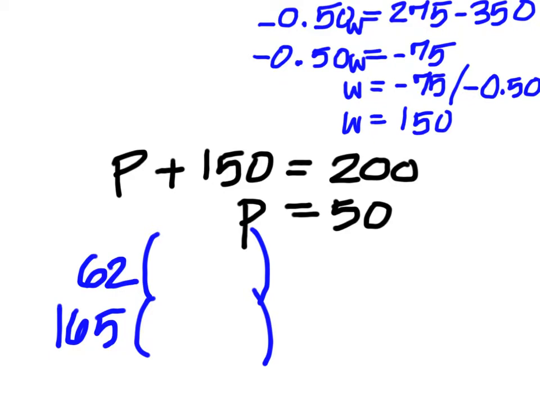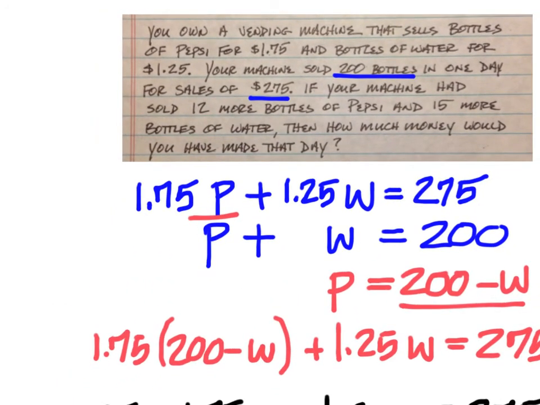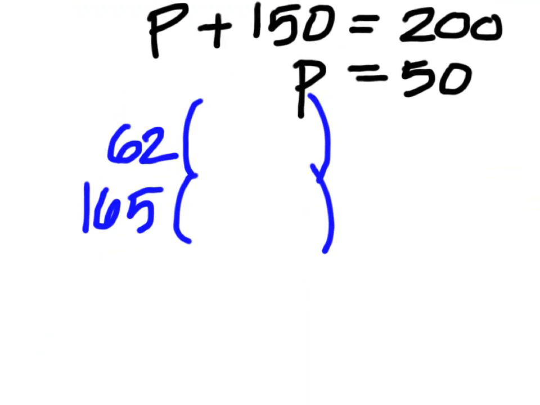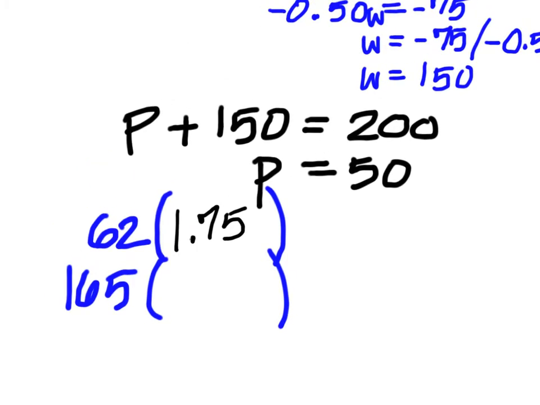What was the price of a bottle of Pepsi? $1.75. Okay. So we'll come down here to $1.75. And then for the water, it was what, $1.25?